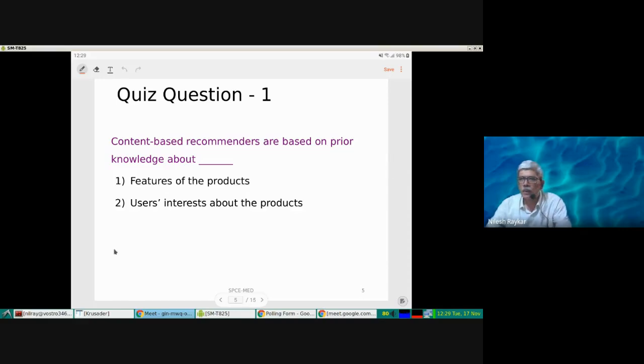I put the link for the polling form in the chat box. So we have seen two types of recommenders, content based and collaborative filtering type. The first type, content based, they are based on what?